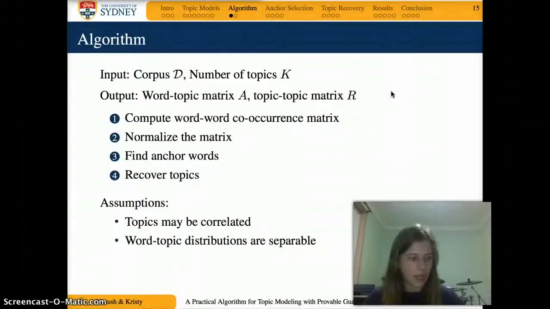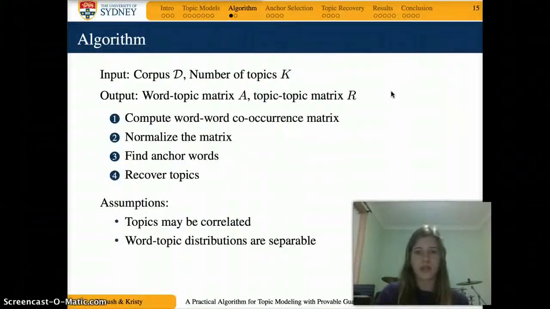If you have heaps and heaps of different topics, that might also be easy to find for some, but then there's going to be some that have just a few words in there and they might appear in other topics. So the number of topics is really important to how quickly this thing runs. So the output is the word topic matrix and the topic matrix.